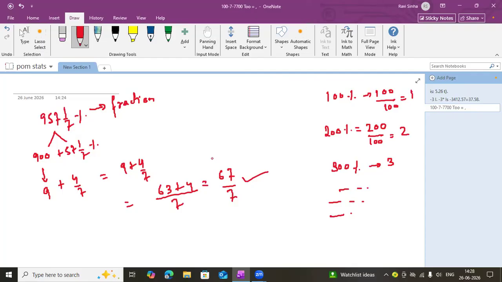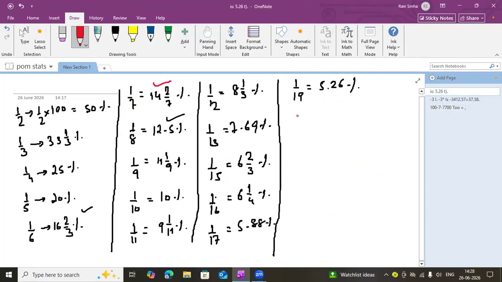So let us see some more problems based on this. We need to remember a few more fractions. For example, 1 by 40 is nothing but 2 1 by 2%. 1 by 30 is nothing but 3 1 by 3%.